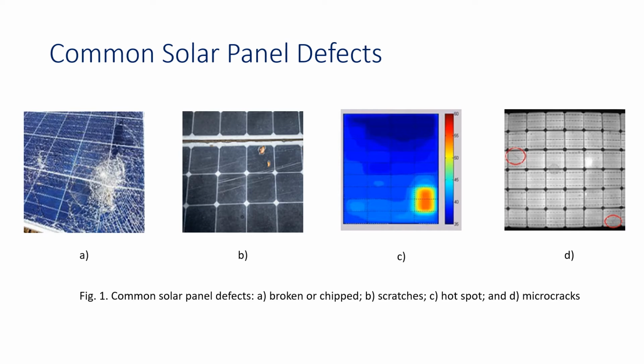As shown in Figure 1, letter C, the enormous power dissipation occurring in a small area results in localized hotspot, which in turn leads to destructive effects such as cell or glass cracking, solder melting, or degradation of the solar cell itself. Lastly, microcracks also have the potential to produce hotspot. Microcracks occur when the internal resistance of the damaged cell arises, causing an increase in the cell temperature as the current passes through, as shown in Figure 1, letter D.